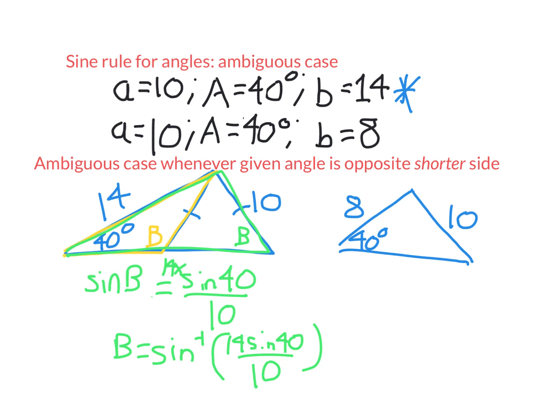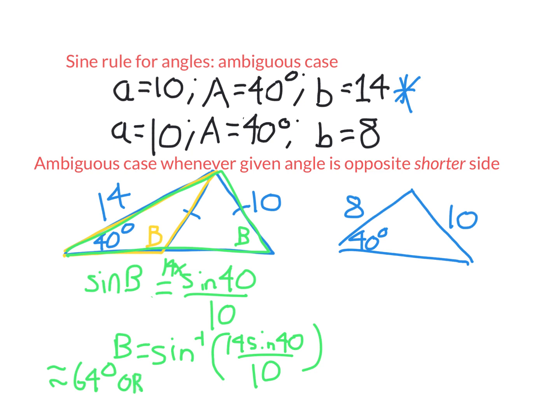Now, if we put this in our calculator, making sure we're in degrees mode, we get 64 degrees. So 64 would actually be this here. If you drew a triangle like this, it would be 64 degrees. But how do we find the other possible solution when there's an ambiguous case? Well, it's actually really easy. If theta is a solution, so too is 180 minus theta.